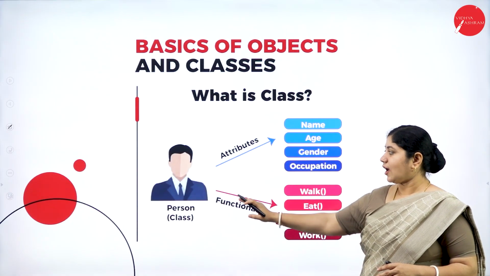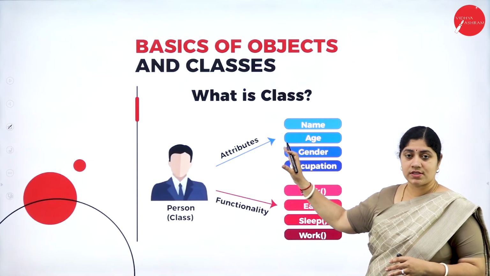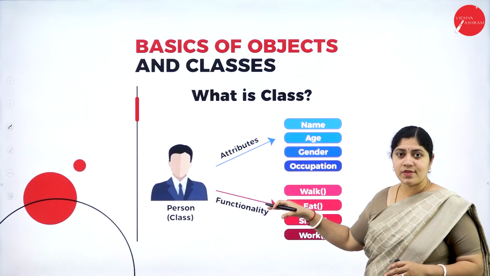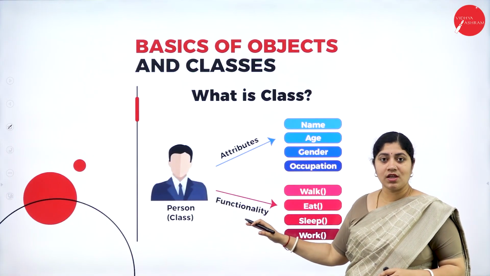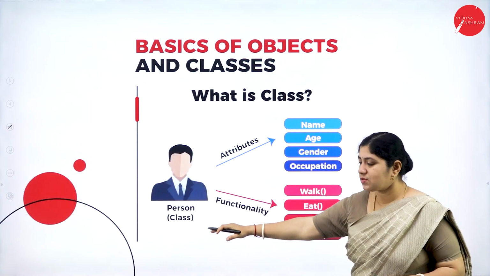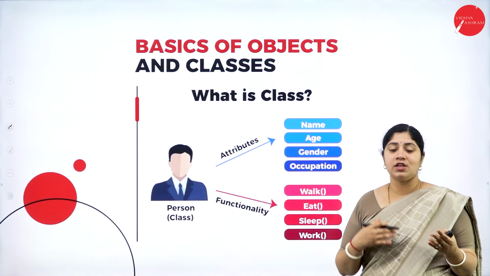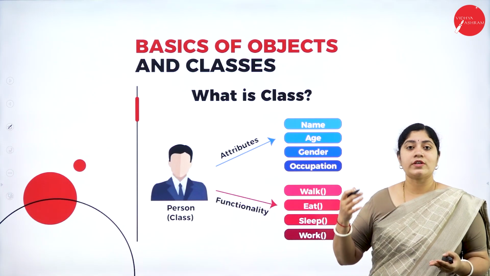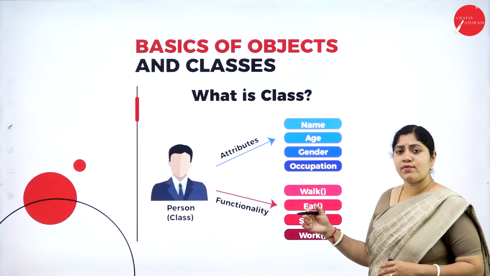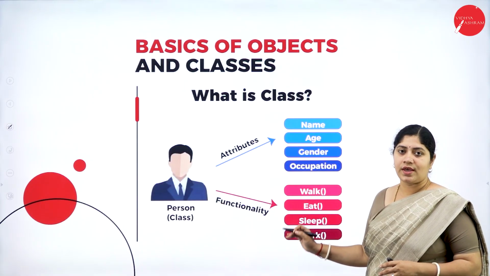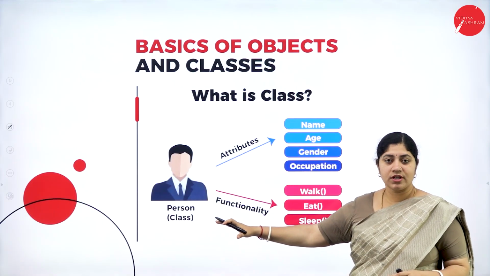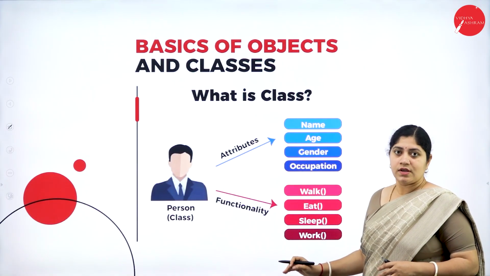Now we see that the attributes we have considered are these much. Those are the basic information. Up next, the functionality we have considered is the in-depth behavior of this person, like what he likes to eat, when he sleeps, what his occupation is all about, what his workplace and domain are, and everything can be noted in depth. So now what we can say is that the class Person has many behaviors, correct?